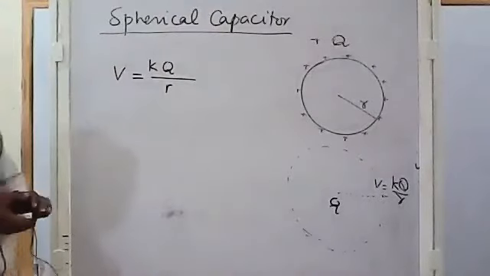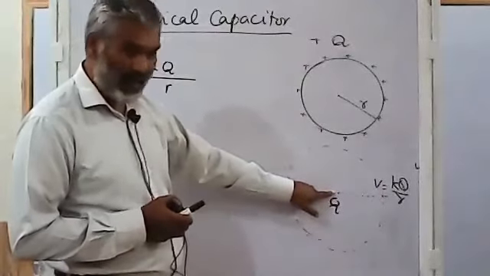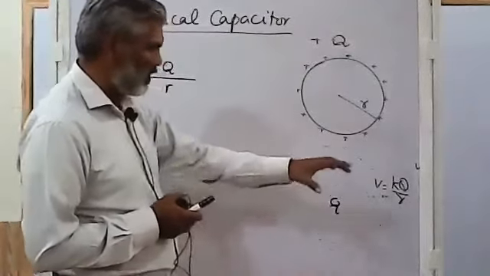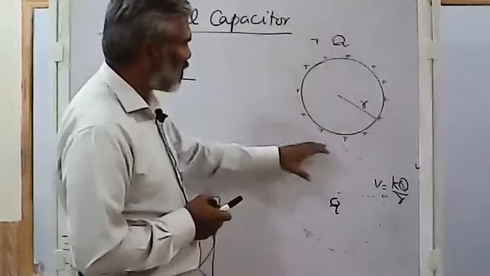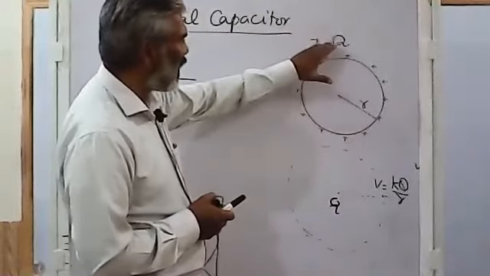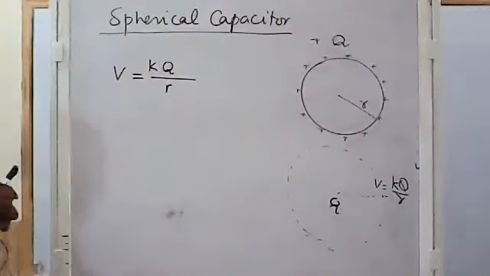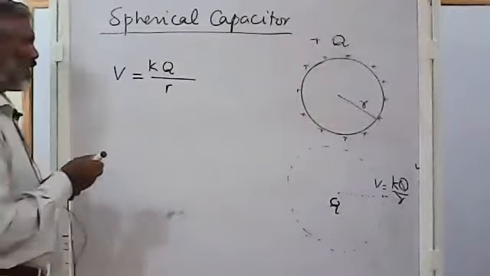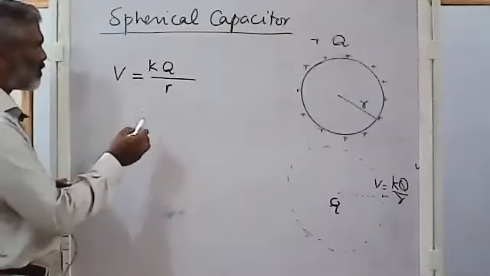So whether it is a point charge at the center of a surface which has no charge, or it is a conducting sphere with a charge spread on its surface, it's the same formula that we use to calculate the potential at this point from the center of that sphere.